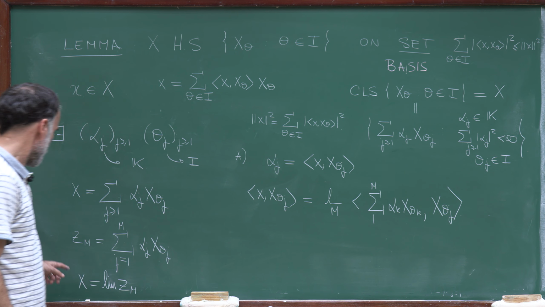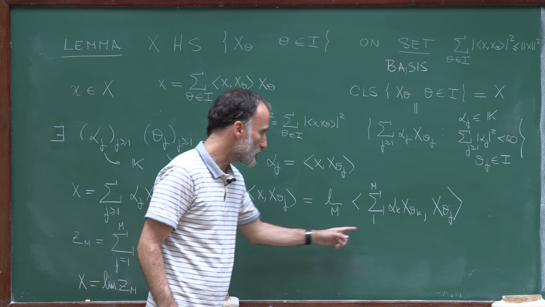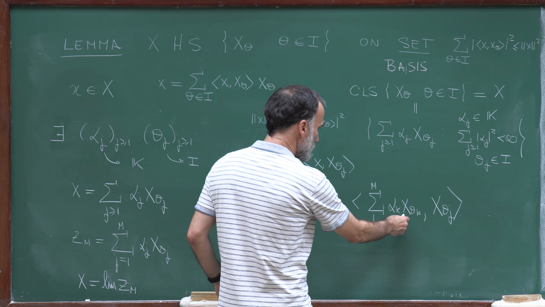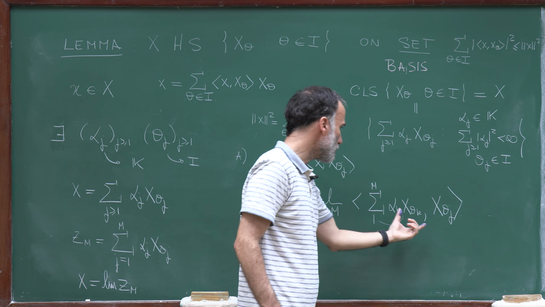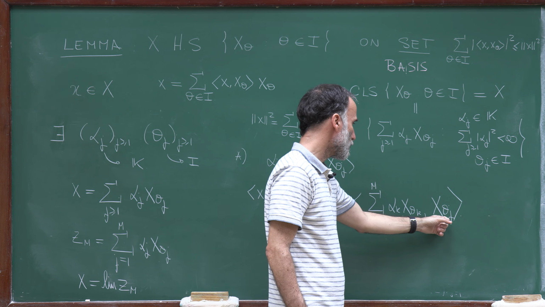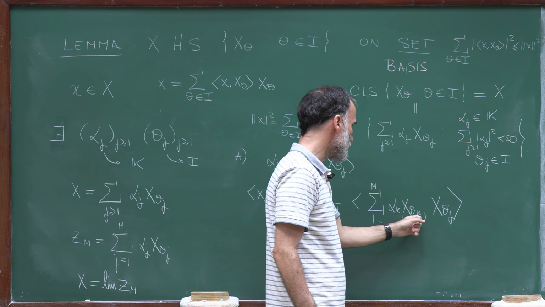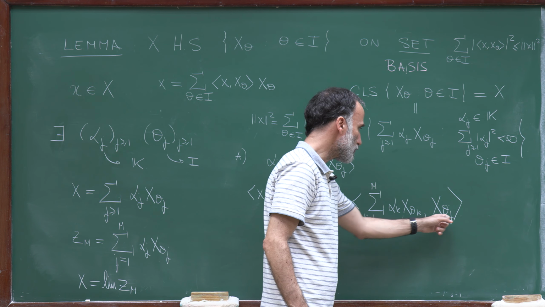So x is the limit of Zm, therefore the scalar product is the limit of the scalar products. By linearity, this goes out. And since this family is orthonormal, these terms are all equal to 0, but the one in which k is equal to j.